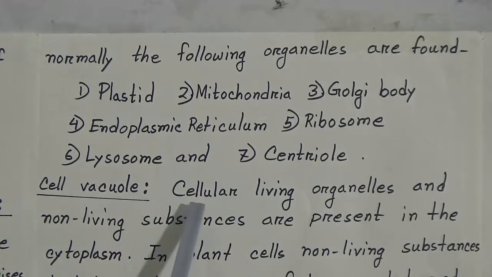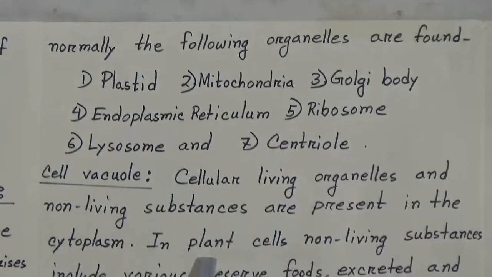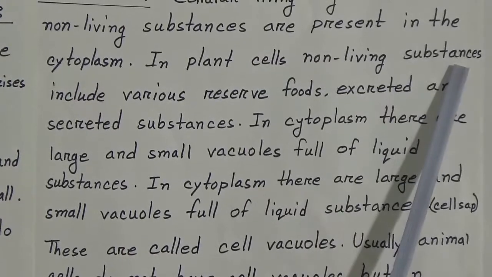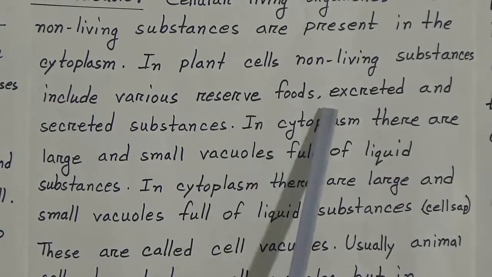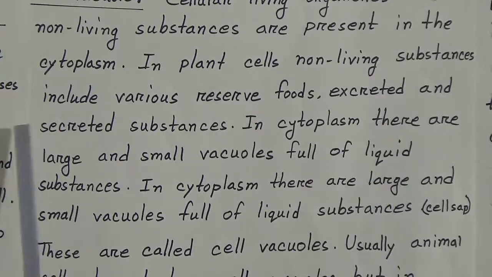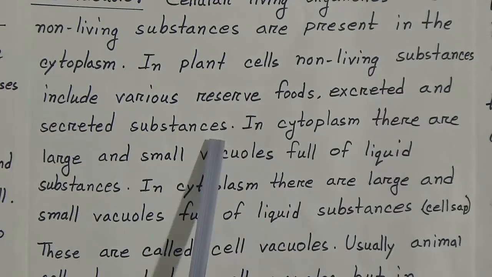Cell vacuole. Cellular living organelles and non-living substances are present in the cytoplasm. In plant cells, non-living substances include various reserves, food, excreted and secreted substances.